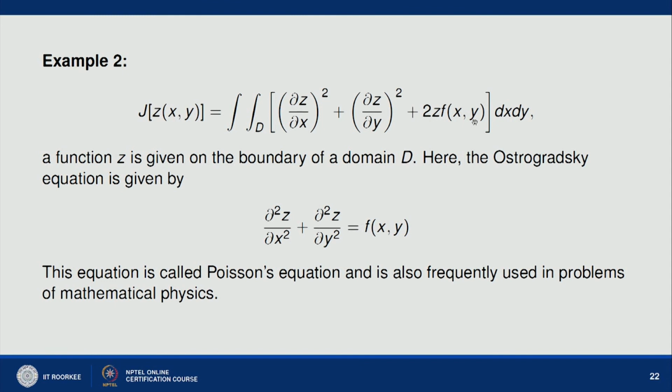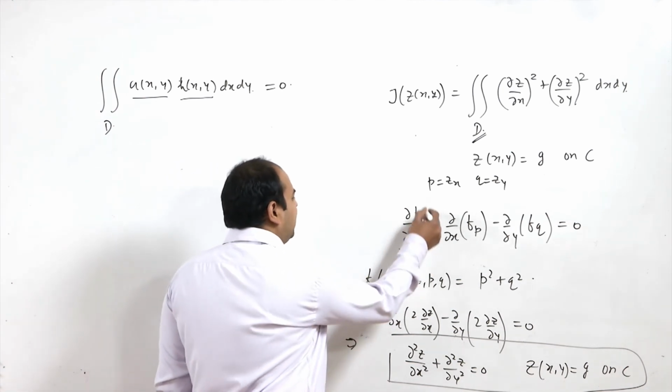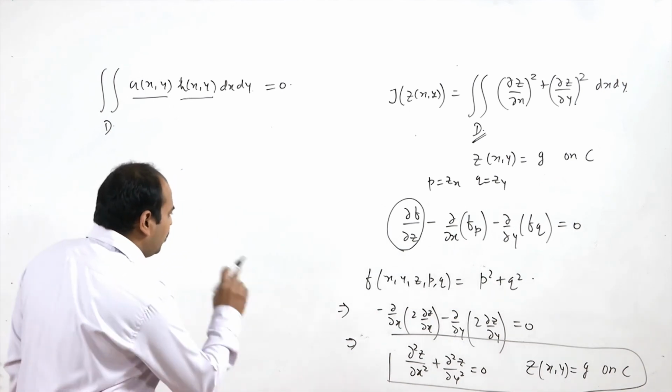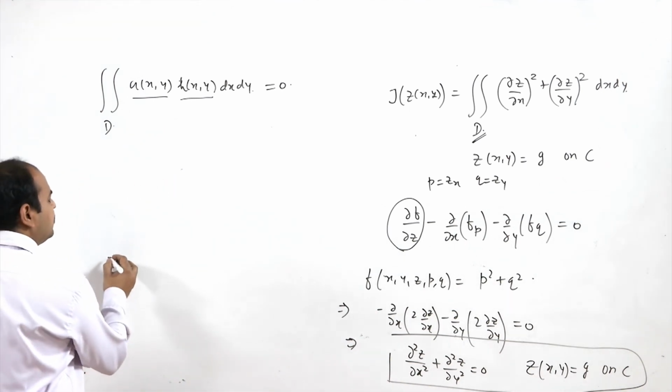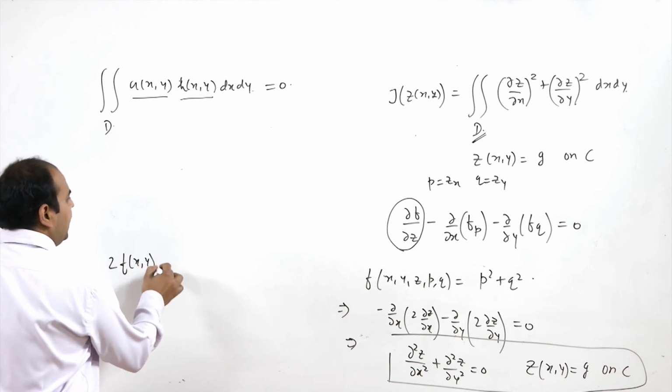So if you use the Euler-Ostrogradsky equation, then this term is also present there. When you simplify, the contribution with respect to this is going to be 2 f(x,y), and the rest is the same.